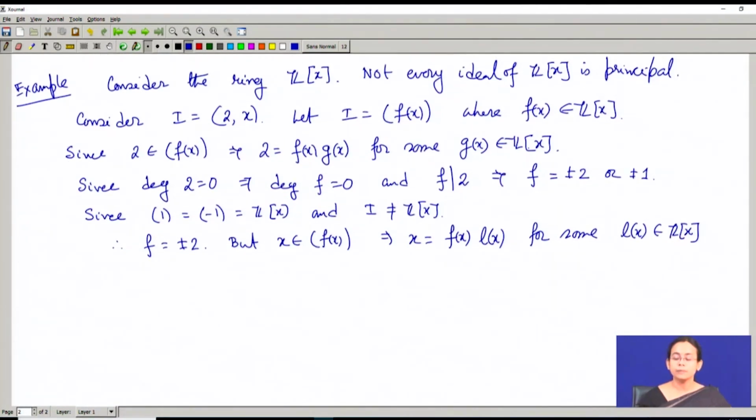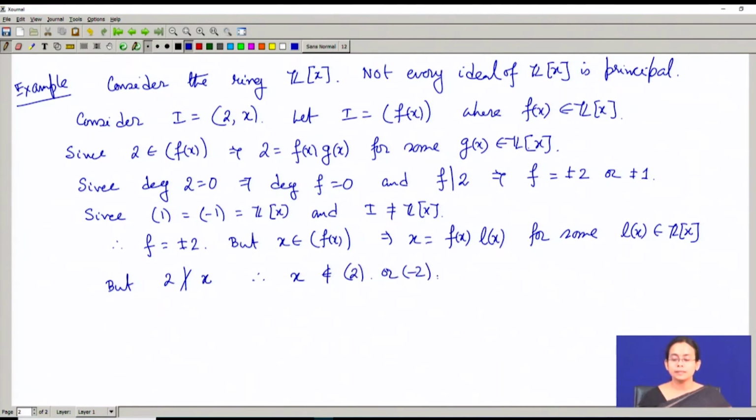But there is a problem now because f(x) can be either plus 2 or minus 2, but none of 2 or minus 2 divides x. 2 does not divide x. Therefore, x does not belong to the ideal generated by 2 or minus 2.